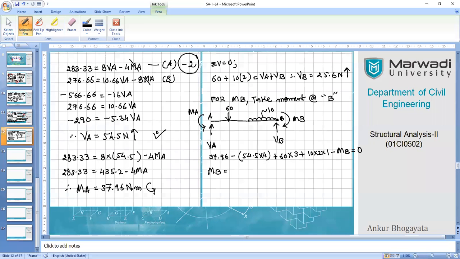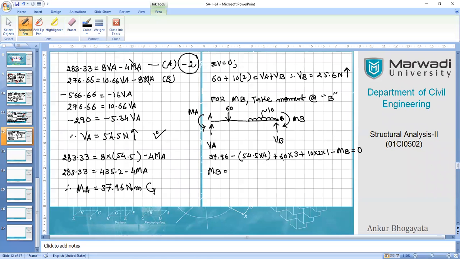So when you simplify everything, let's take a long equation in our calculator itself. 37.96 minus, in the bracket, 54.5 into 4, bracket completes, plus we'll have another bracket, 60 into 3, right?